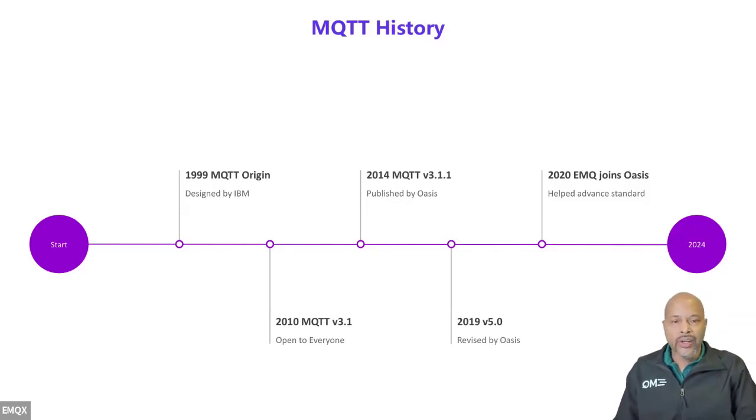In 2020, EMQ joined Oasis as a technology contributor. We at EMQ really consider ourselves innovators in this space. Our main focus is our MQTT platform, so we're not distracted by trying to develop other systems or solutions.